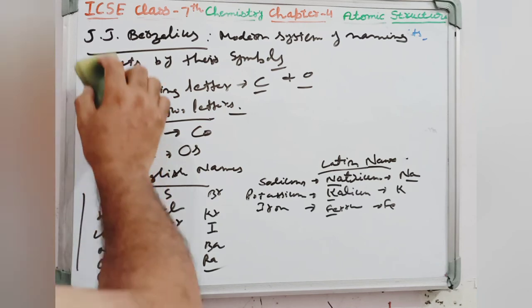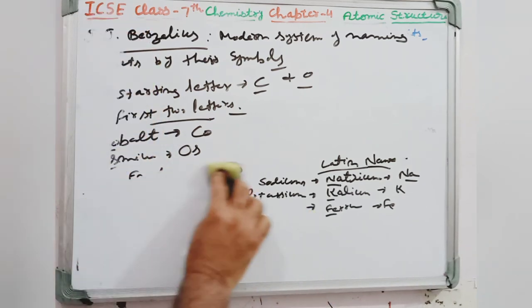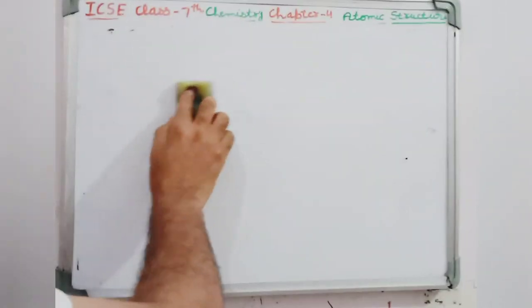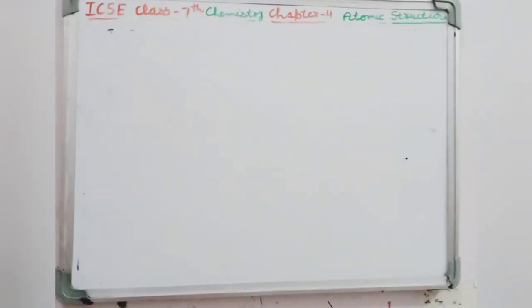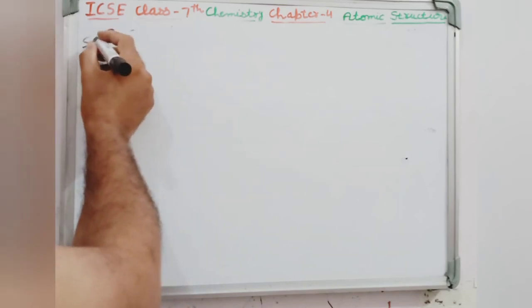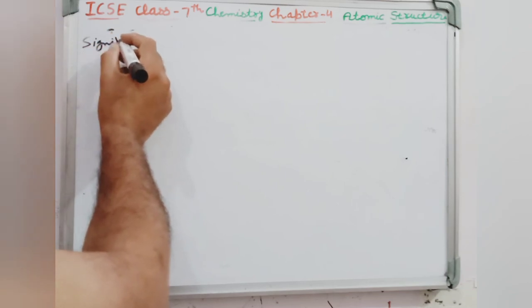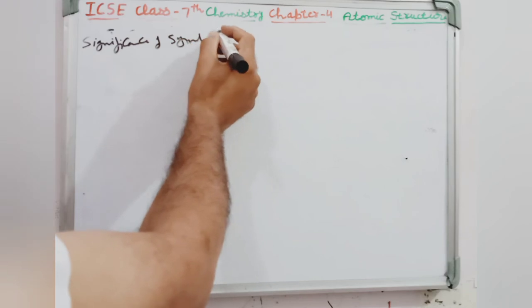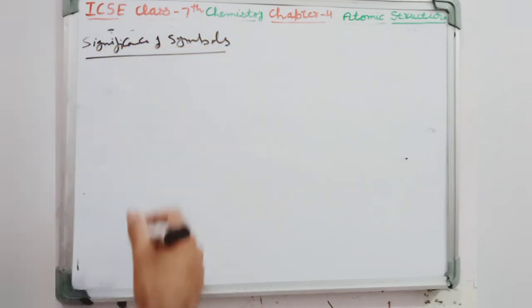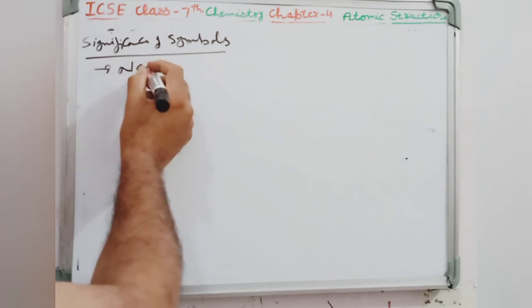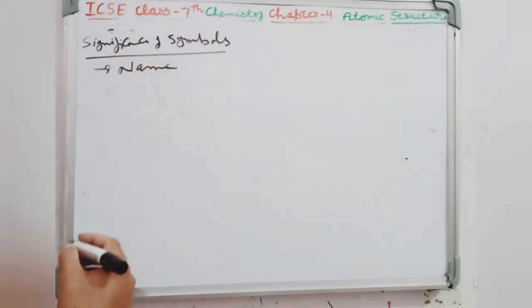Now we have been given these symbols of elements. So what do they denote? So, the significance of symbols. First of all, they show the name.